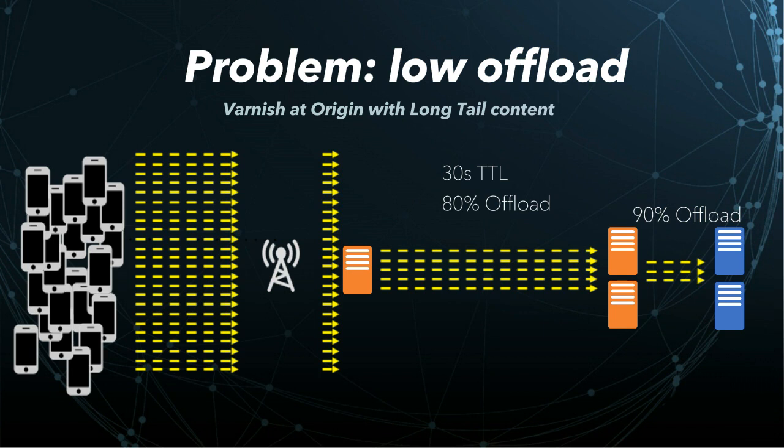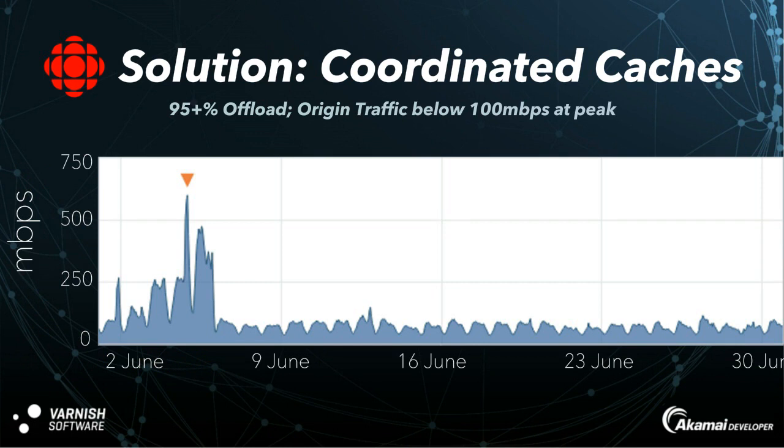And when we started looking at this, how can we better synchronize these caching layers to get a much better experience? Because that 30-second TTL is still impacting end users. You're getting offload, but you could do better. And through a bunch of hard work, we achieved some great results. In this example, you can see this is the origin traffic. So the origin-bound traffic went very quiet.